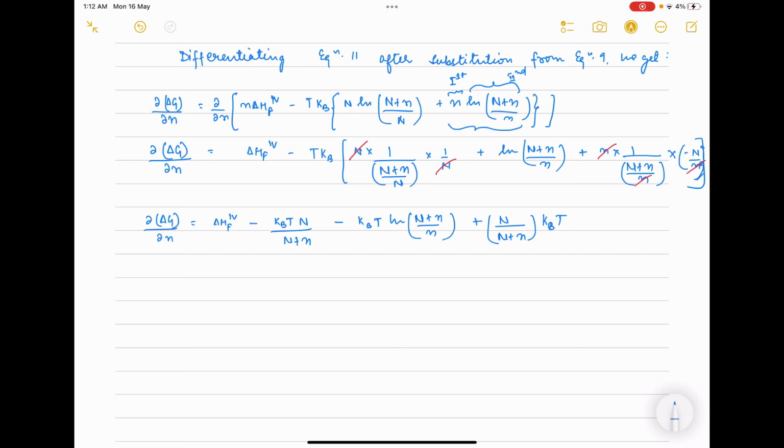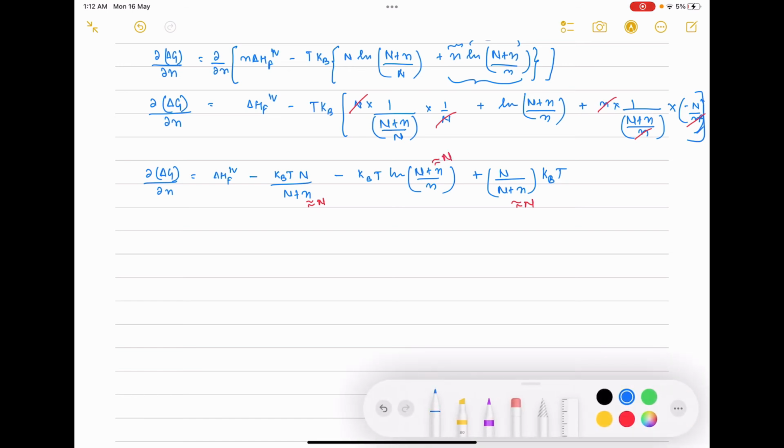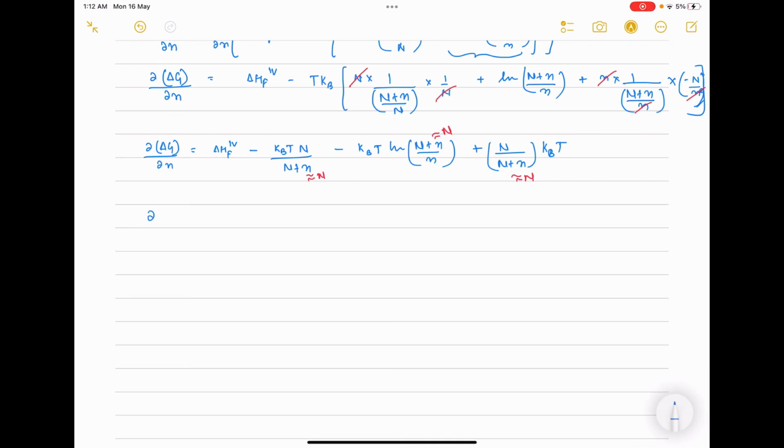Okay. So now, since this is almost equivalent to N, this cancels out. This is also equivalent to N, so this also cancels out. So what we are left with is del of delta G by del N is equal to delta HF 1V minus kBT minus kBT ln capital N by small n plus kBT.